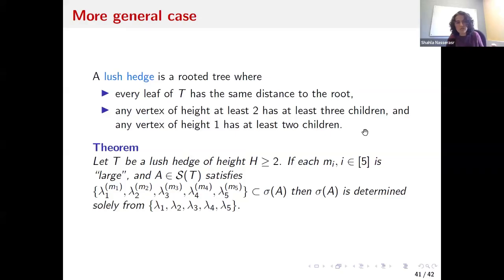So in that paper, we showed that if a tree is a lush hedge and if a matrix achieves these high multiplicities, then the remaining eigenvalues are completely determined with these 5 eigenvalues. The entries of the matrix are completely determined and so on. And that's it.